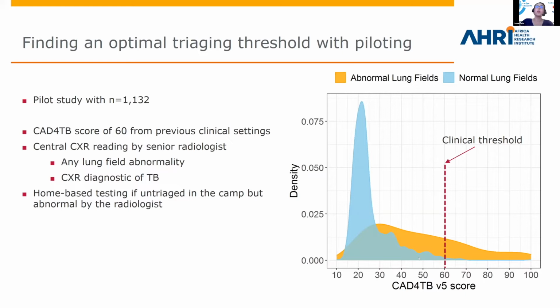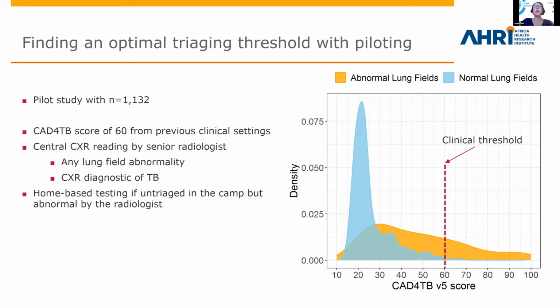Later on, if the senior radiologist doing the central reading indicated abnormal lung fields for a participant who was not triaged in the camp, then a follow-up team visited the participant at home and asked them to submit a sputum sample.